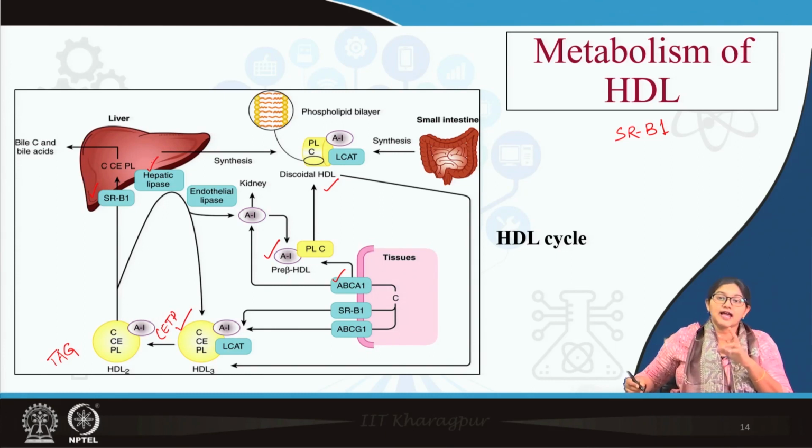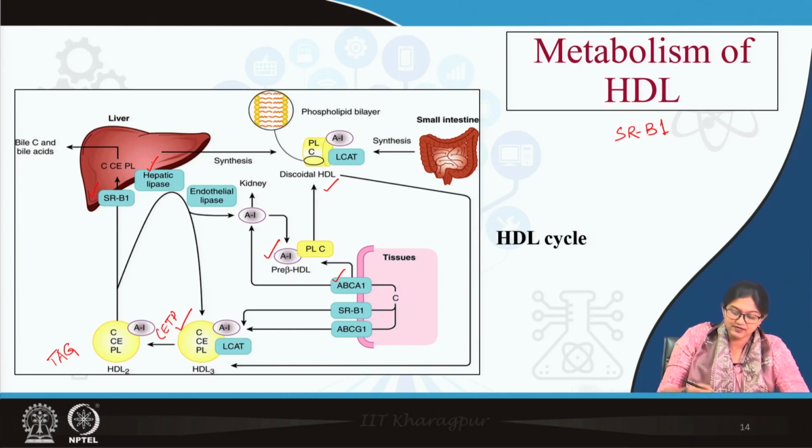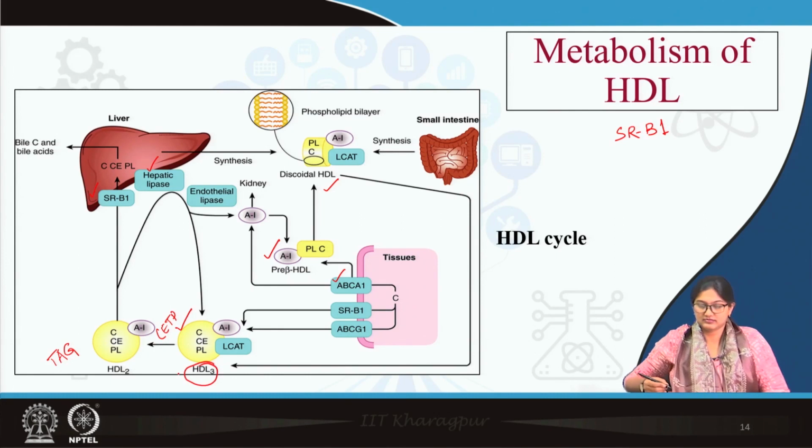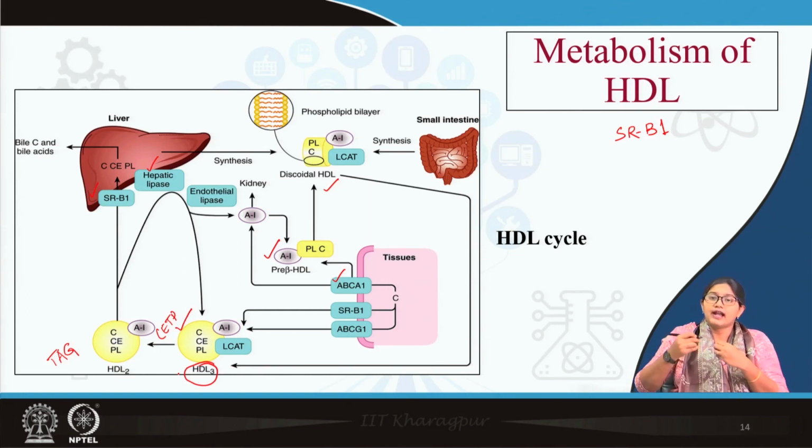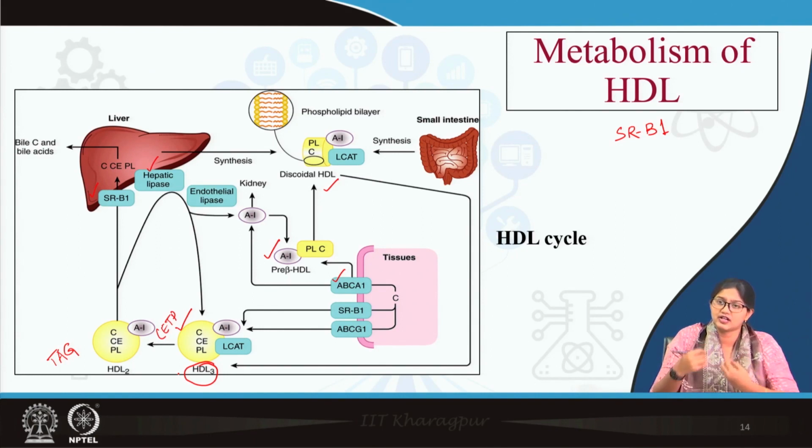Remember, lipoprotein lipase needs ApoC2 for its activation, hepatic lipase does not. So, hepatic lipase here is degrading the triacylglycerol content of the HDL. Once the triacylglycerol content of the HDL2 is reduced, it forms HDL3, and as it continuously circulates through the liver, it is targeted by the hepatic lipase till there is total depletion of triacylglycerol from the HDL, and also inside the lysosome there is degradation of cholesterol ester.